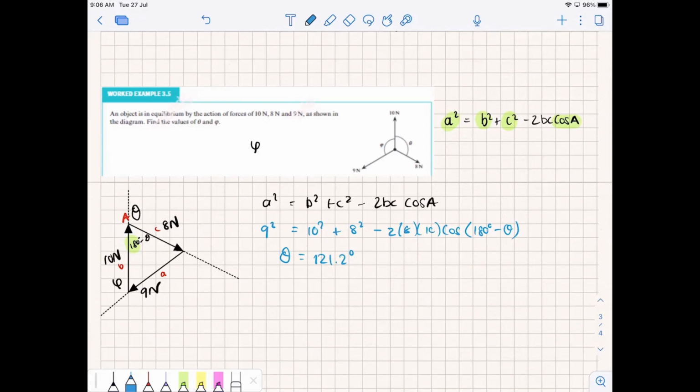Okay, are we all happy with the cosine rule? I hope we can all still remember how to work with guys like that. Right, just use this thing over here.